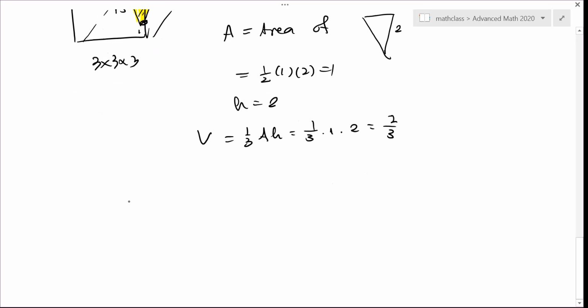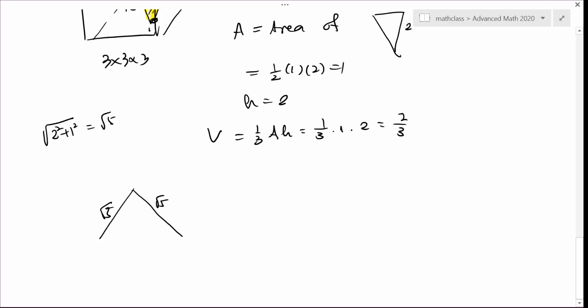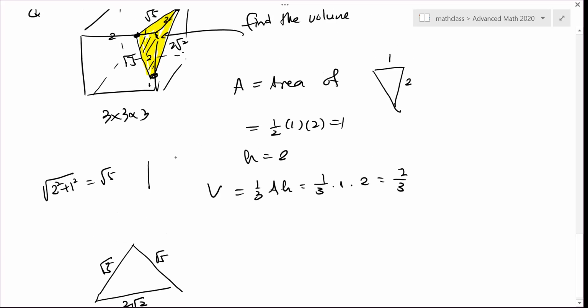Okay, so let's take a look at this triangle. We have square root of 5, square root of 5. Why square root of 5? Because it is square root of 2 squared plus 1 squared, which is square root of 5. The other side is 2 square root of 2, because each side is 2, right? 2 and 2, so that's 2 square root of 2.